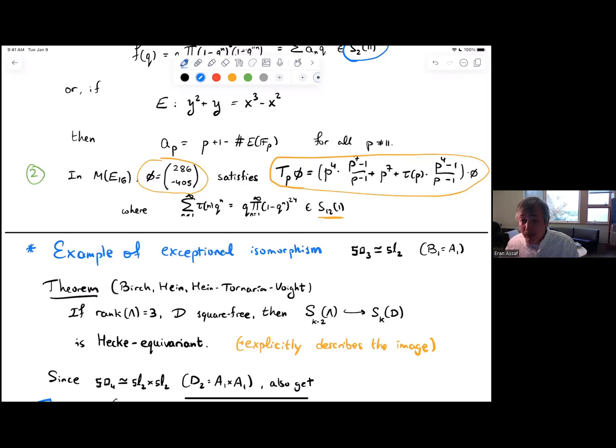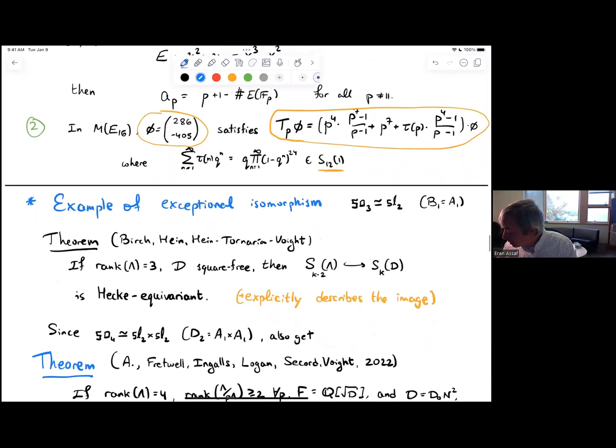But for example, if we go to the next level, for dimension 4, then the orthogonal group SO4 is isomorphic to SL2 cross SL2. Here it's just 2 points: D2 is A1 cross A1.